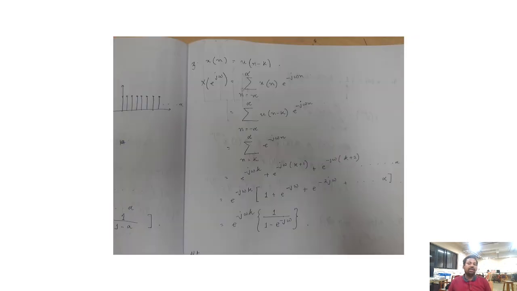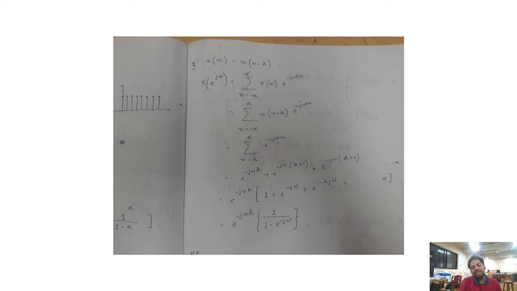So this was done. This is another problem we have. We have a signal x[n] equal to u[n−k], which is a shifted unit step function.